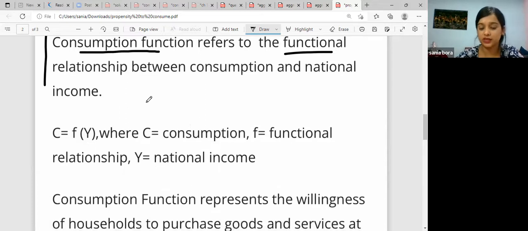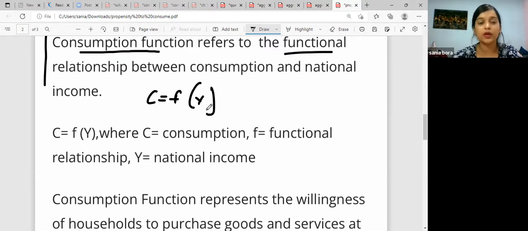And over here, you write it like this: C equals to F of Y. So C is your consumption, F is your functional relationship. You can even write C equals to Y, right? But you have to write F of Y because your consumption depends on the function as well.